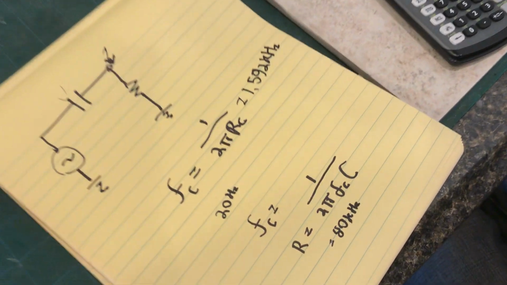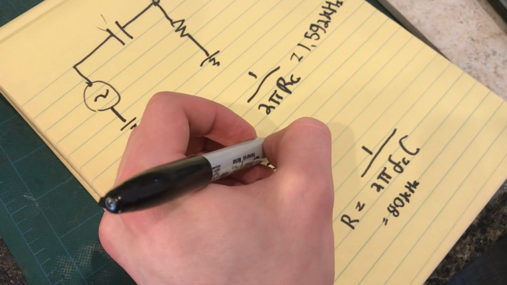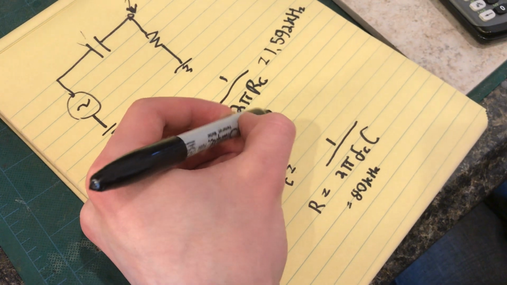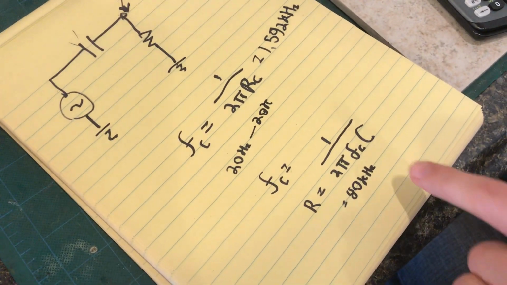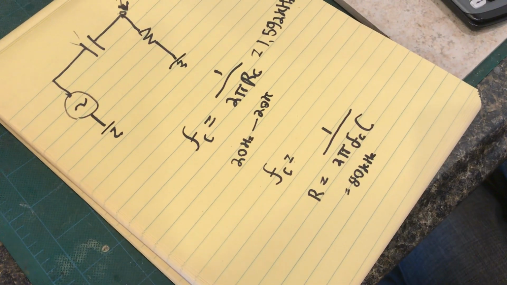Okay, and then you could imagine doing the same thing for audio, 20 hertz to 20 kilohertz. You would just do the same thing again, except use 20 kilohertz here and build a low pass filter.